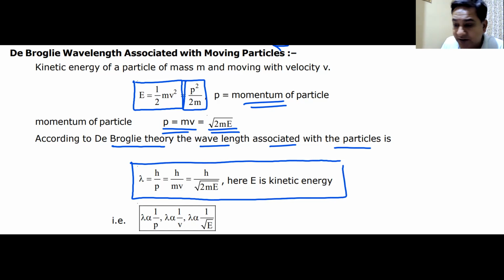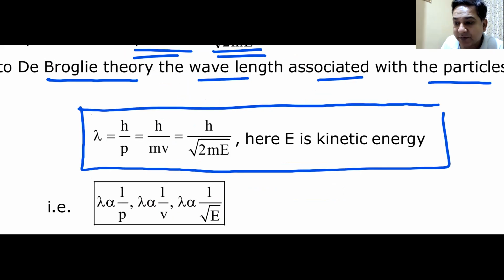What is h here? Planck's constant. Yes, h is Planck's constant, our old hero. What about p here? Momentum. P is the momentum. I'm making it bigger so it comes on your screen.